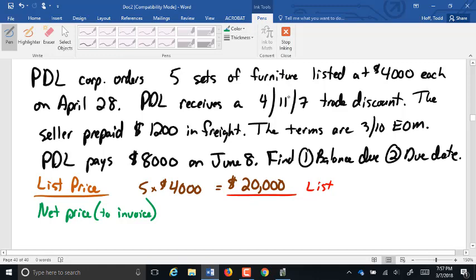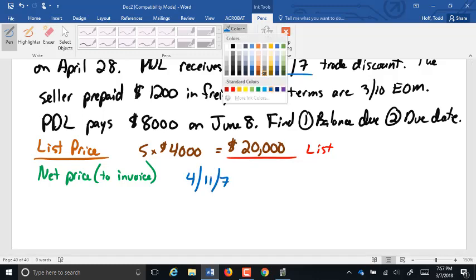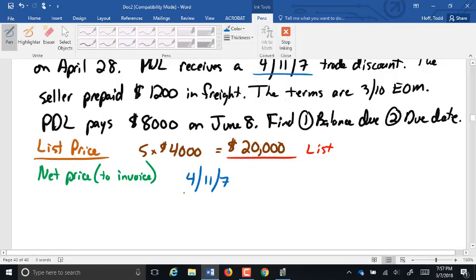To figure out the net price, we use the trade discount, the 4, 11, 7. The 4 turns into what? 0.96, good.